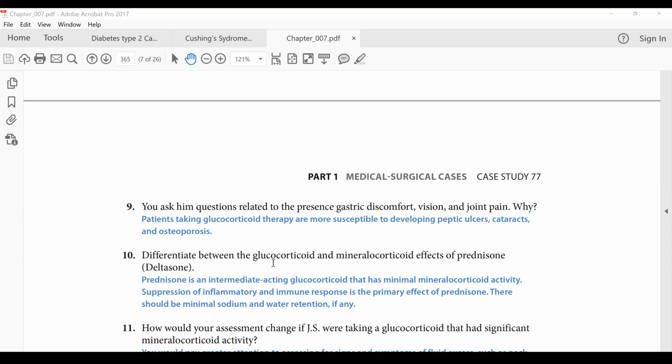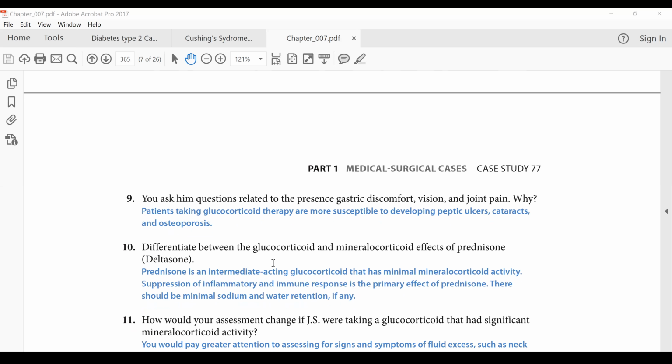How would your assessment change if they were taking a glucocorticoid that had significant mineralocorticoid activity? Would you reduce it or give more? What would you do? Not sure? Maybe increase?